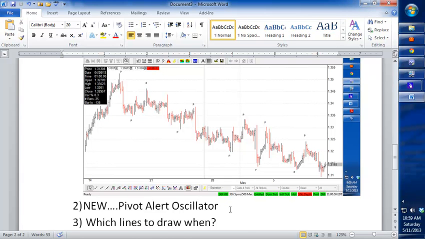There's a 99% probability that regardless of what software you are using right now, this oscillator is on there. And we'll show you exactly how we use it and exactly how you can use it on yours, even if you use software that's as simplistic as IB. That's about as simplistic as it comes, because it doesn't have much in the way of indicators on it. And it has the Pivot Alert Oscillator.